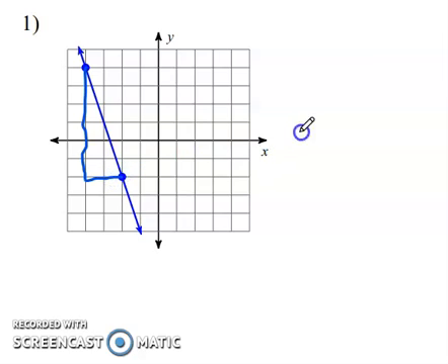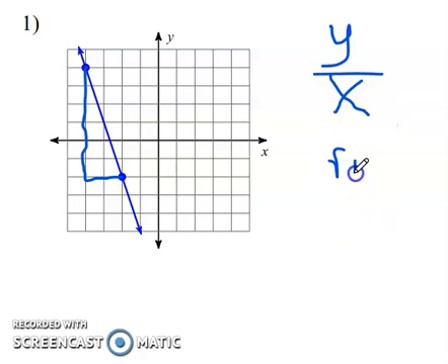Okay, here's my triangle. Now, slope is a measure of steepness, or how quickly something goes up compared to how long it takes, or how quickly something goes down compared to how long it takes. And so when we're measuring something going up or down, we're measuring the height. So when we talk about slope, we say slope is y over x, or rise over run.